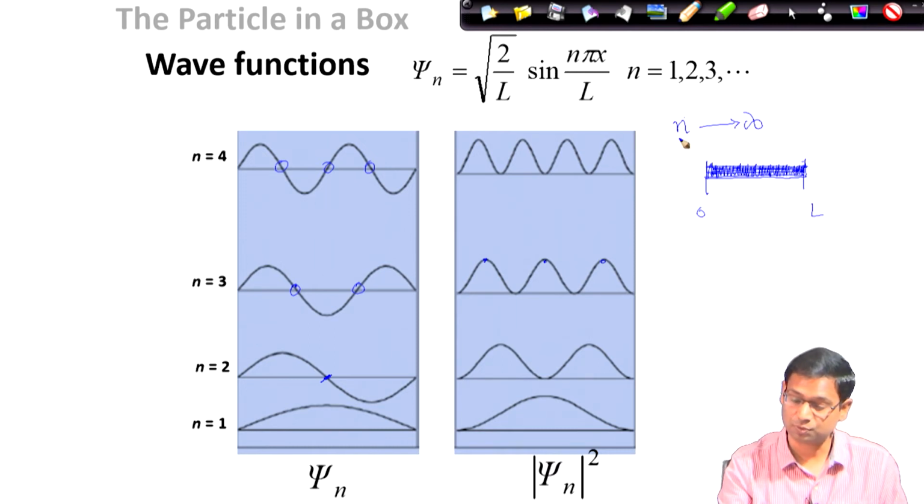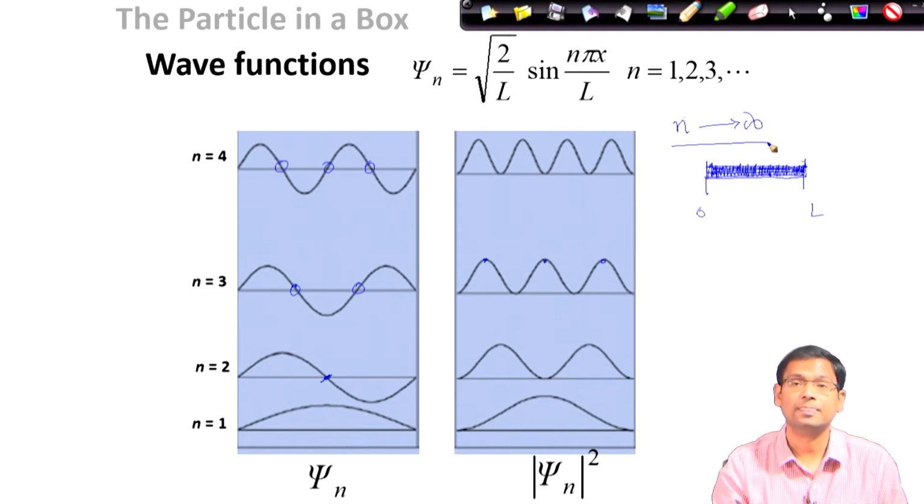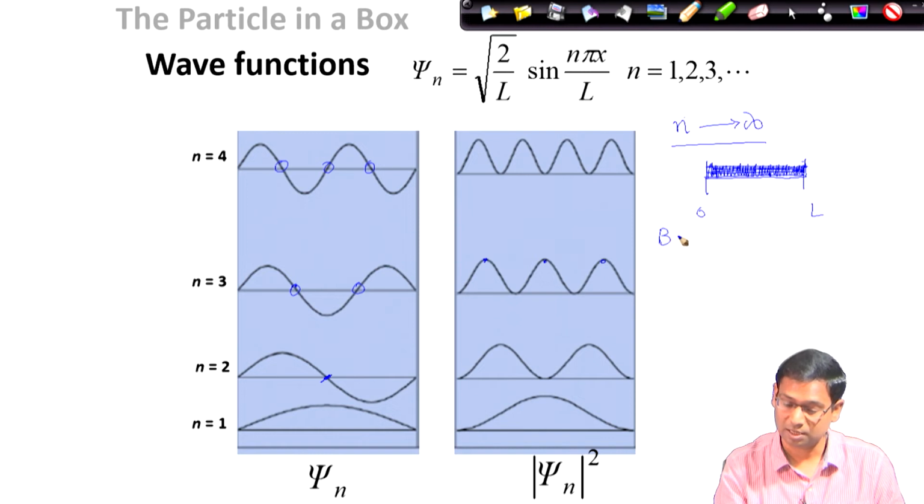So, when n goes to infinity, the quantum mechanical particle starts behaving like a classical particle. There is no nodal structure here, everywhere the particle is allowed to be present. This goes by the name Bohr's correspondence principle.